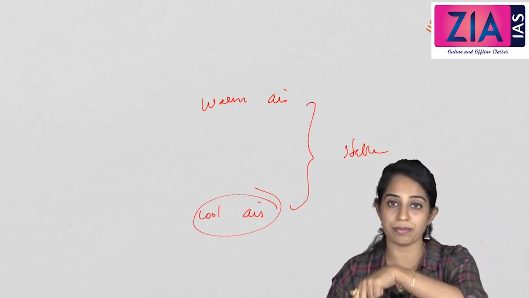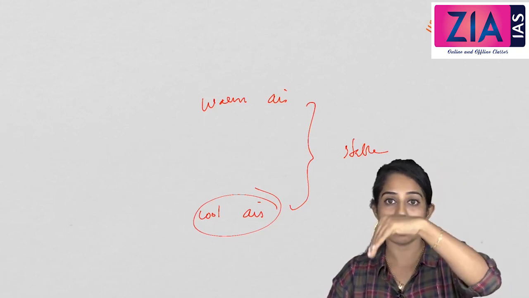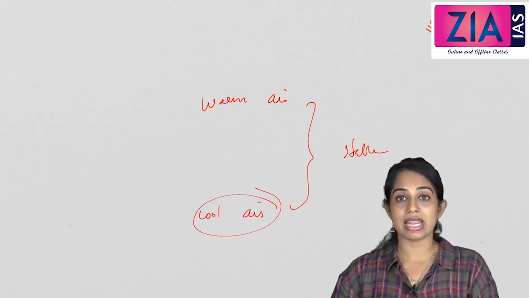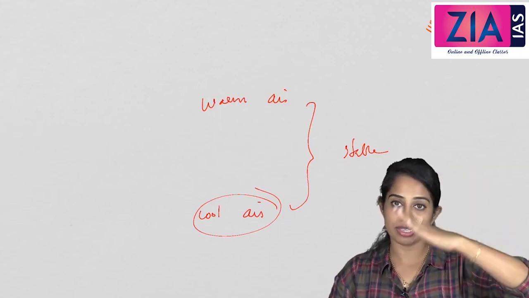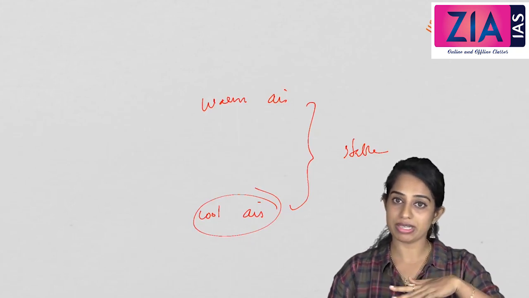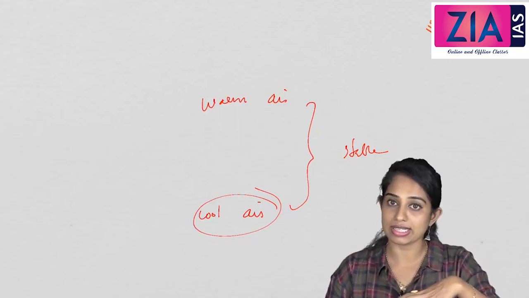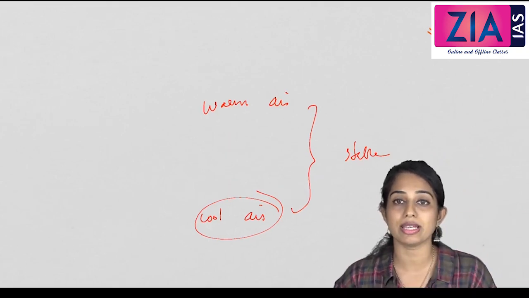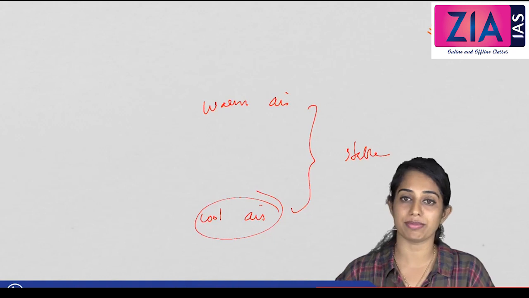Convection happens, a vertical and upward movement of air. A stable condition is where cool air is down and warm air is on top. When cool air is down, everything is settled: denser particles are down, and lighter particles are on the periphery. So stability in the atmosphere happens, and that is called a stable atmospheric condition.